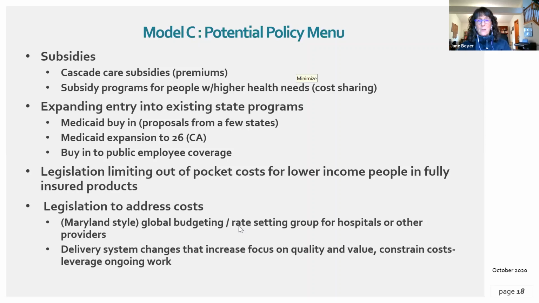It's the Healthcare Cost Transparency Board. And so with respect to legislation to address costs, I think what we would want to do is somehow note in here that the legislature has already passed legislation to do transparency and reporting around total cost of care and set an annual expenditure increase cap.